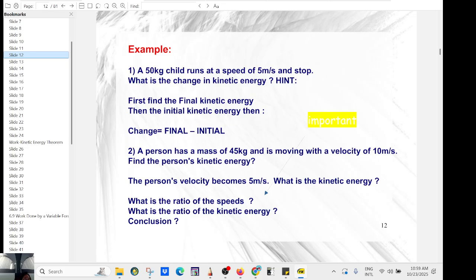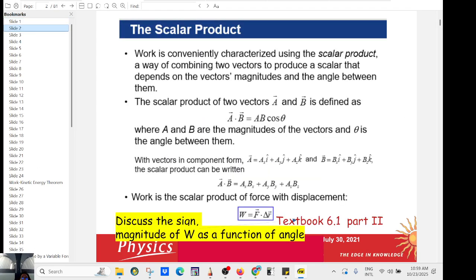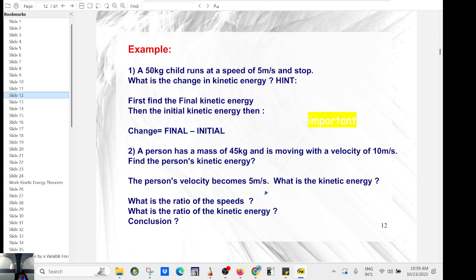Okay, let's do a super easy, extra easy example. Did I skip? I skipped. Okay, let's do the example and I'll come back to the math. I just skipped by accident. I'm sorry.